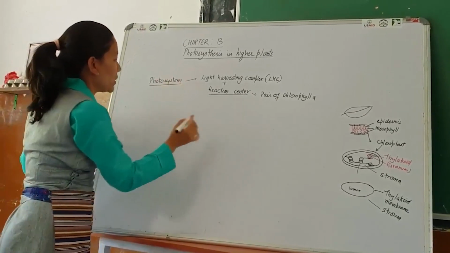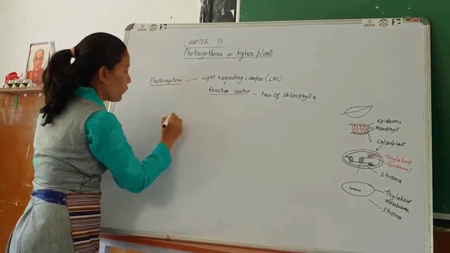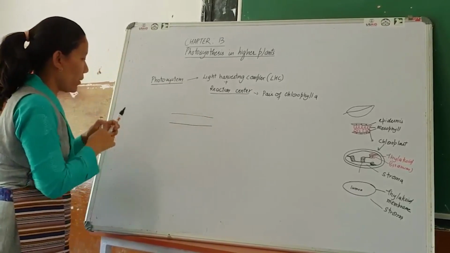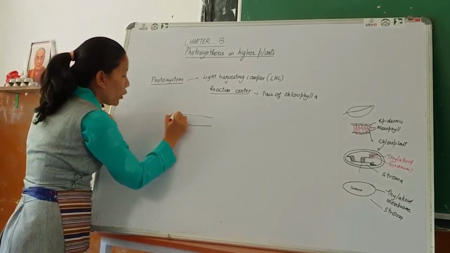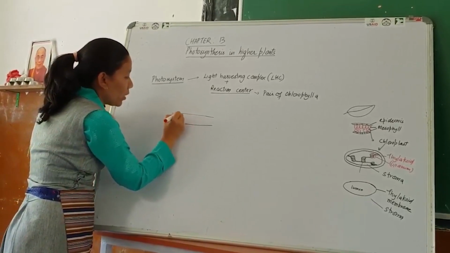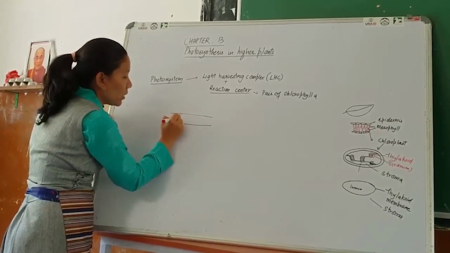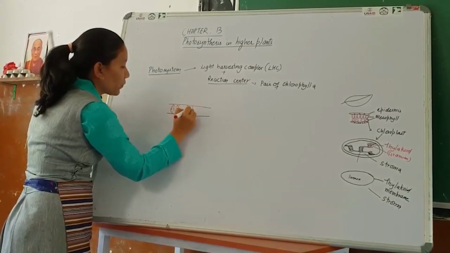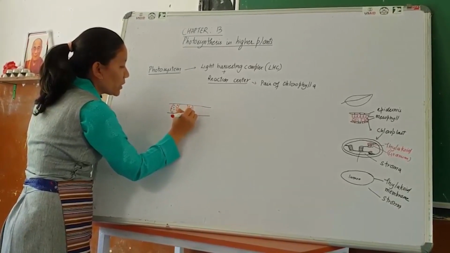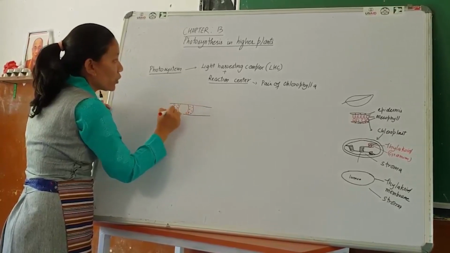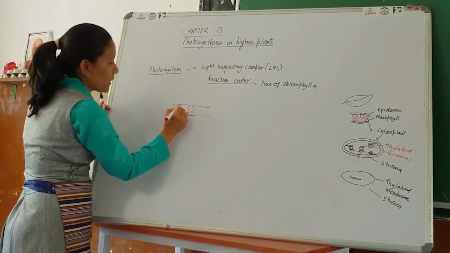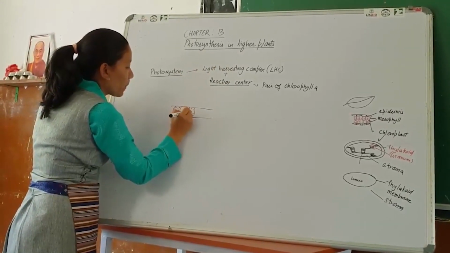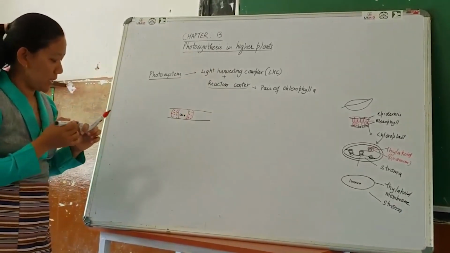So let me show, this is the thylakoid membrane. On the thylakoid membrane you find a number of pigments here. These pigments collectively are called the light harvesting complex, and in the center there is a pair of chlorophyll A. This becomes the reaction center.